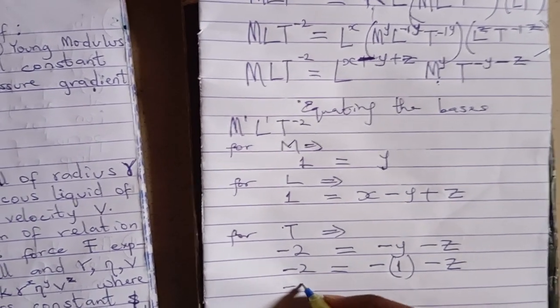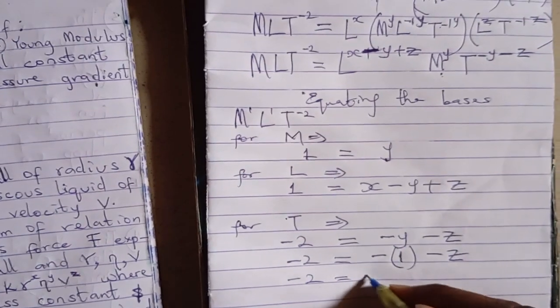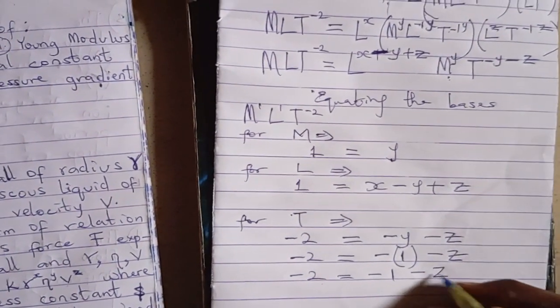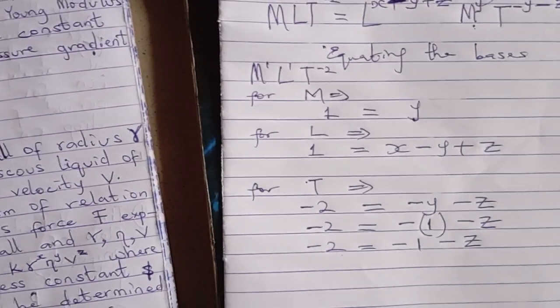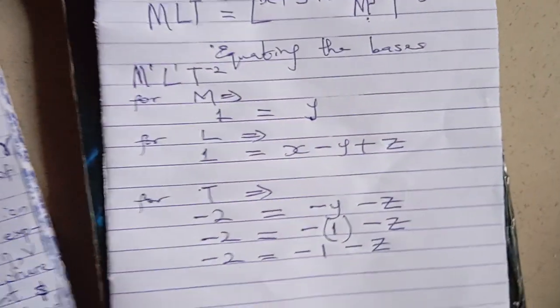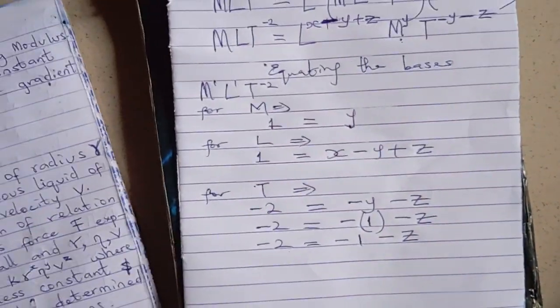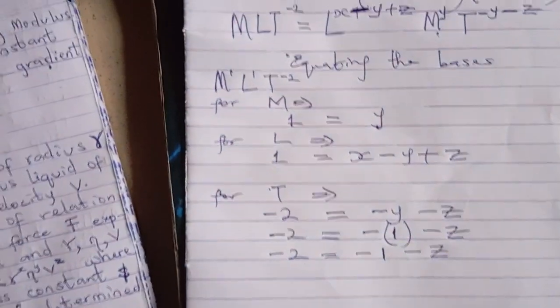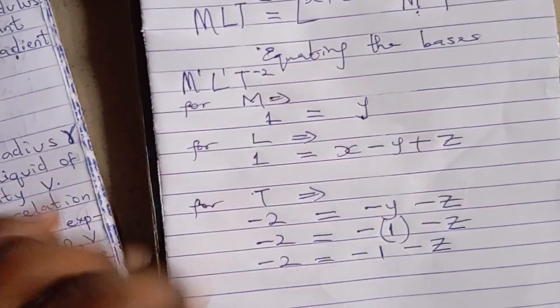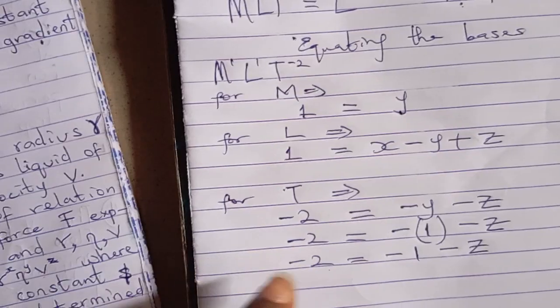And notice that this is the same thing as minus 2 equals minus 1 minus z. Are you seeing it? Because I have 1, so I replaced it. So minus 1 minus z. Now let's cross the equality sign.